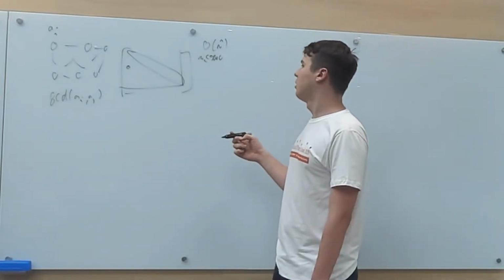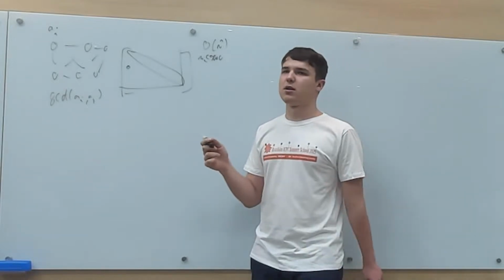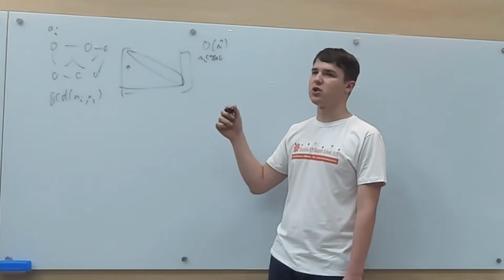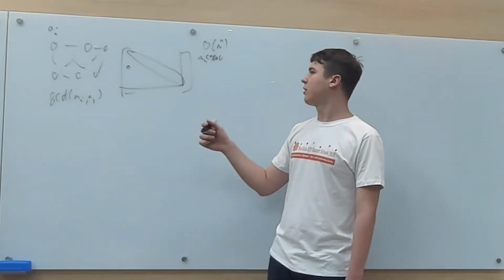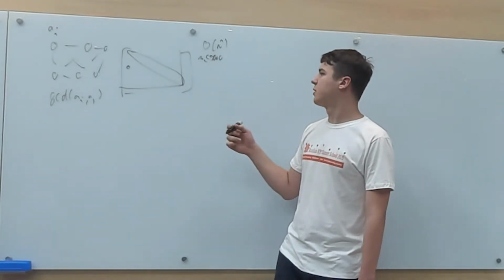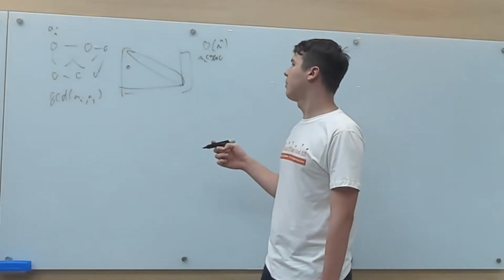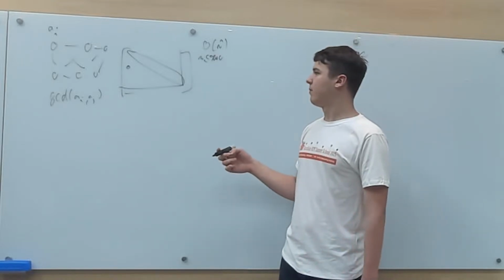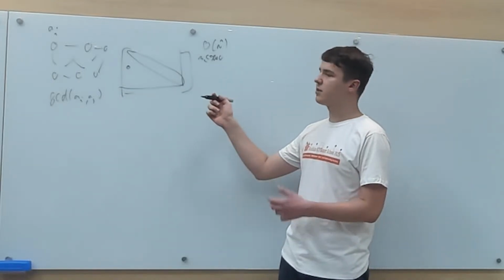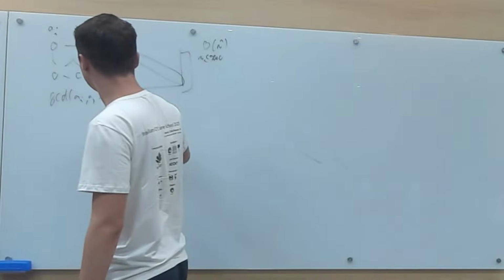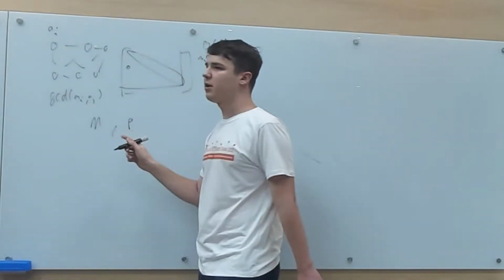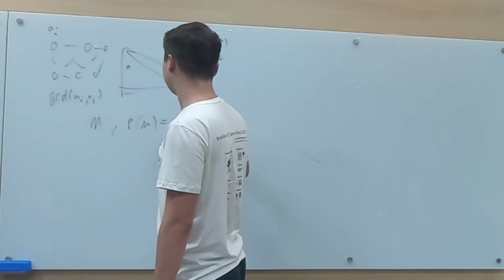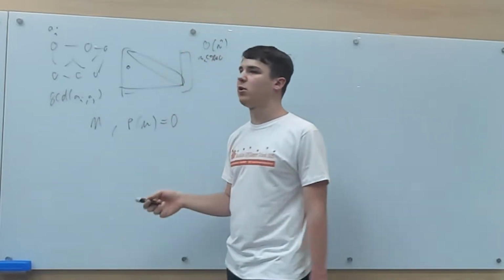What we know from the Cayley-Hamilton theorem is that when we have some matrix M and its characteristic polynomial P, then this matrix is a root of this polynomial.